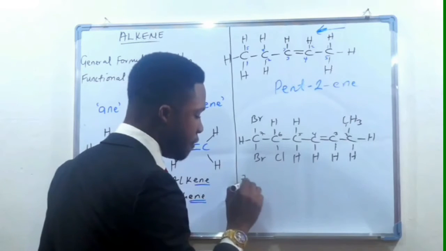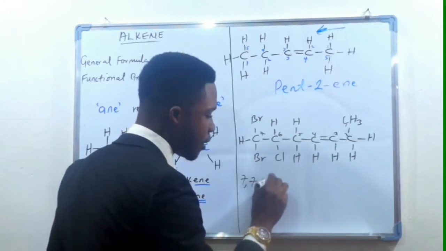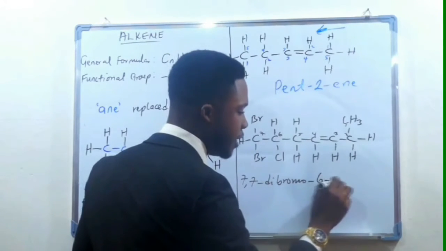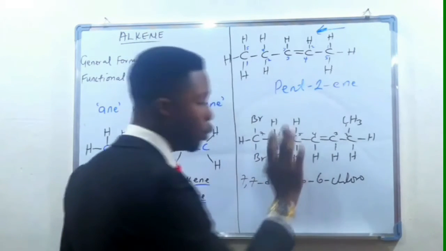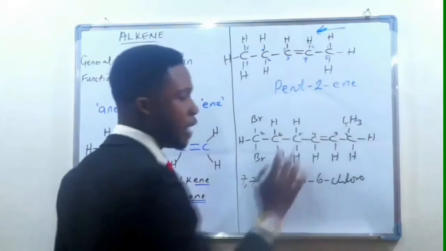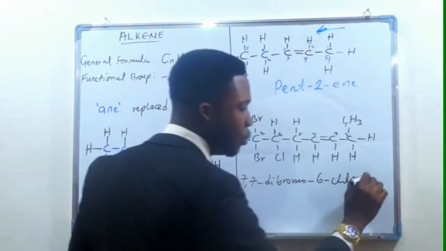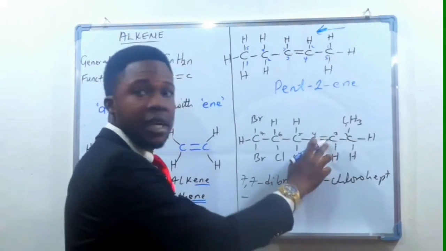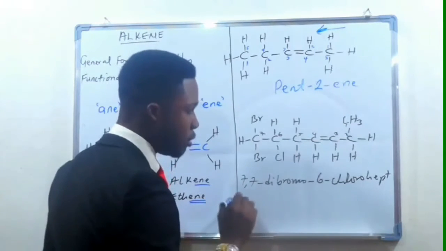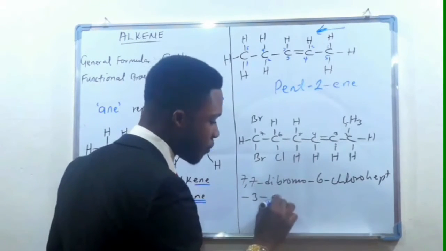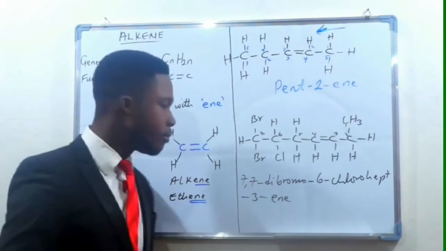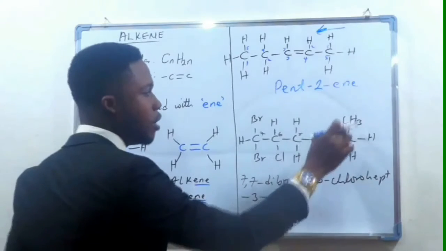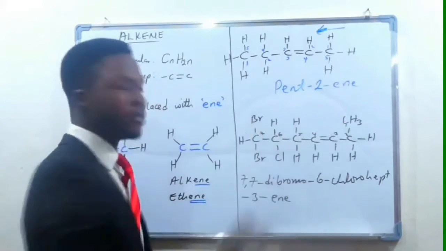So, we can have 7,7-dibromo, 6-chloro, then 7 carbons generally we have hept. At carbon 3 appears the double bond, so hept-3-ene. 7,7-dibromo-6-chlorohept-3-ene. 1, 2, 3, 4, 5, 6, 7.